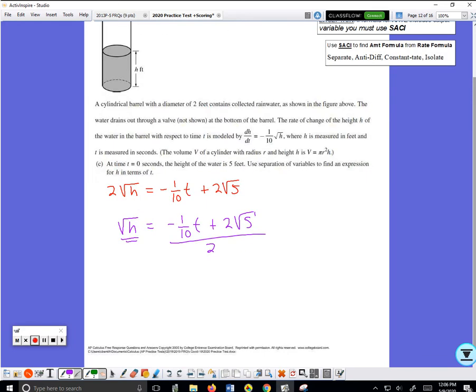So last step is simply h equals all of that squared. And they do give one more point for that. That concludes the practice test question 2.